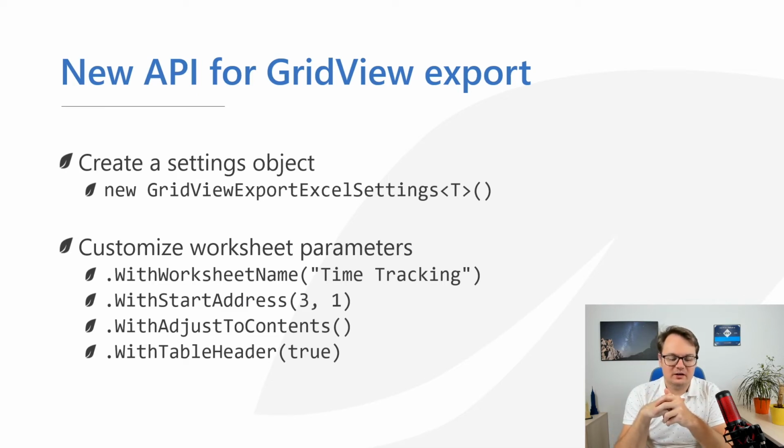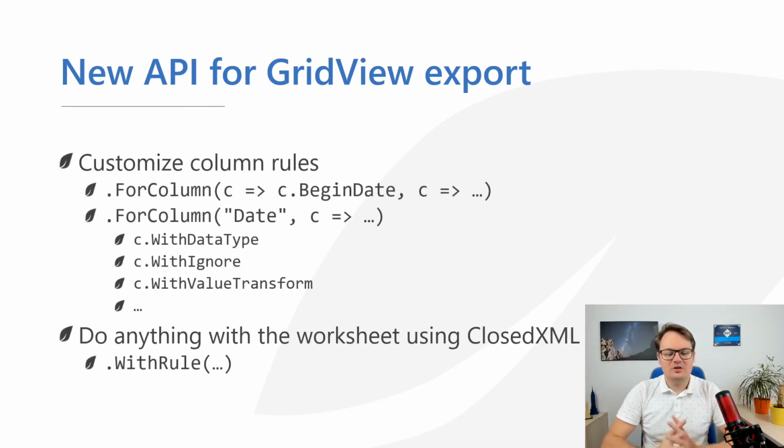Also you can easily say, adjust the cell size so all the text will fit inside. That's very useful. Also you can turn on the table header, so when the Excel is open, the users can immediately filter or sort and do things like that. You can also customize rules for each column.